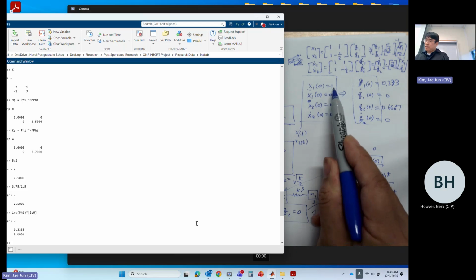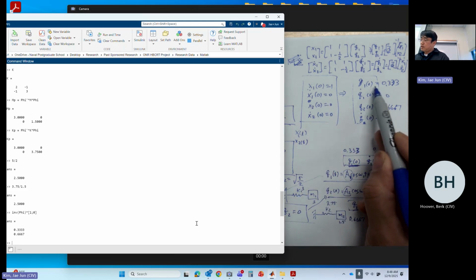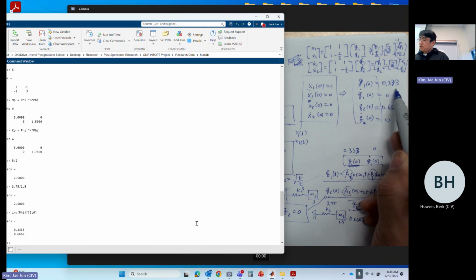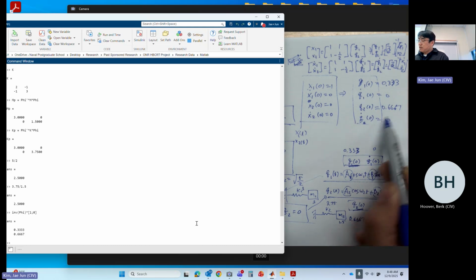So you can see that initial condition 1, 0, 0, 0 corresponds to initial condition Q1 is 0.333, Q1 dot is 0, Q2 is 0.667, and Q2 dot is 0.